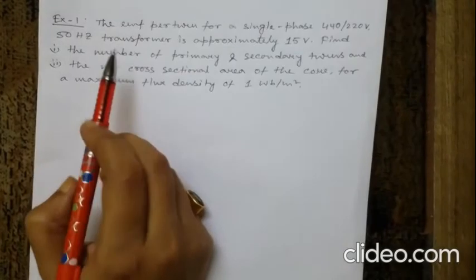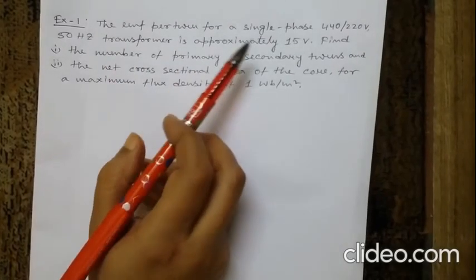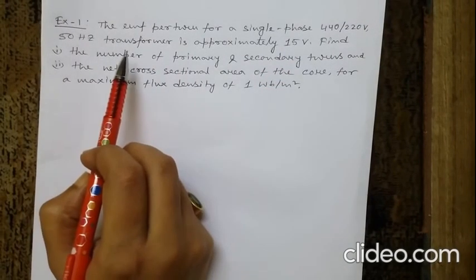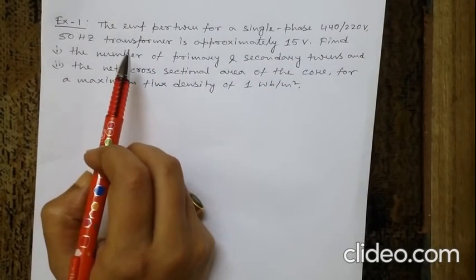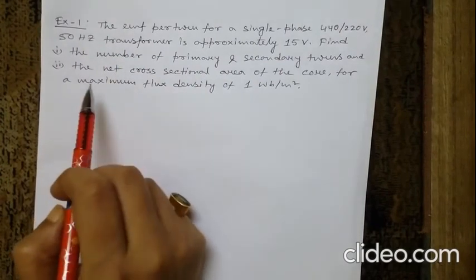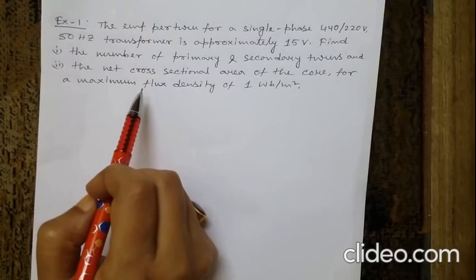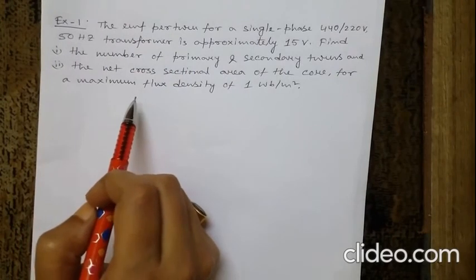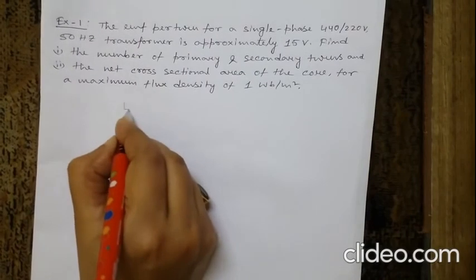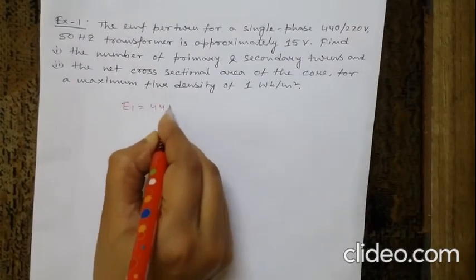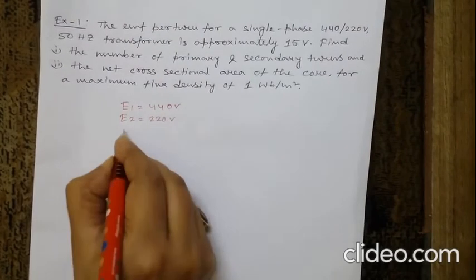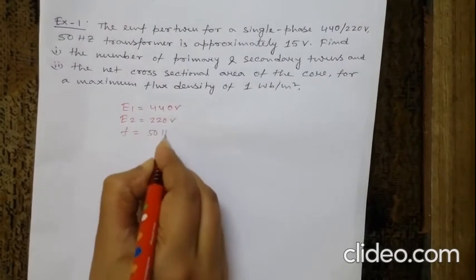Let us take one example. The EMF per turn for a single phase 440 by 220 volt 50 Hz transformer is approximately 15 volt. Find number 1, the number of primary and secondary turns, and number 2, the net cross-sectional area of the core for a maximum flux density of 1 Weber per meter square. So we can write E1 equal to 440 volt, E2 equal to 220 volt, f equal to 50 Hz.